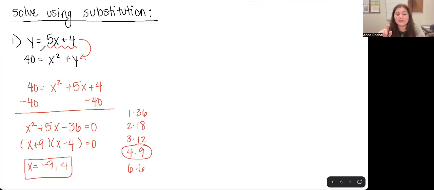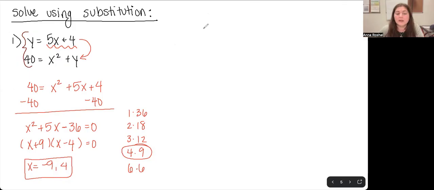In this particular case, I have two solutions, so not just like a regular system where they only meet at one point; nonlinear systems meet in multiple points. So we now have to take these x values and plug them back into one of these equations to get our y value.